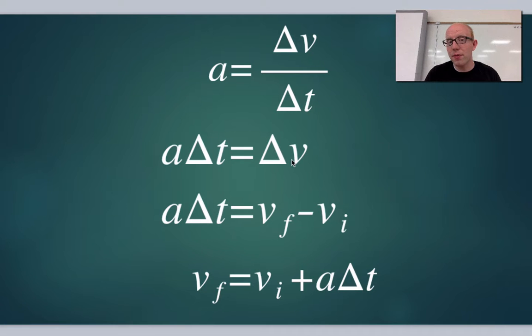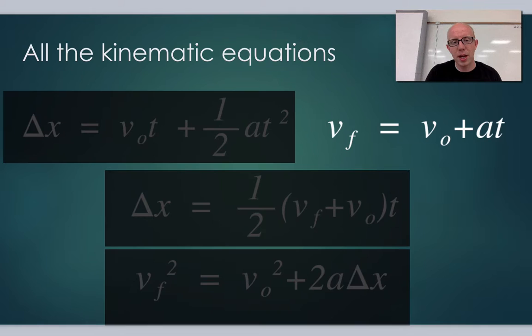Then if we use our definition of change in velocity as v final minus v initial, and then we simply add that over to the other side, we get the first kinematic equation that we can find, which is v final equals v initial plus a times change in t. That one just comes from simple algebraic manipulation. So there's our first one we found: v final equals v initial plus at.